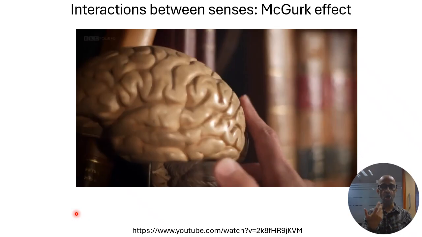When you see me talk, you can clearly see my mouth move and you can hear me, and these things are correlated. Very often, if there is a variable delay between mouth movement and the sound that you hear, it gets very distracting because things are not matched, right? That's happening because your brain is constantly processing these stimuli together.